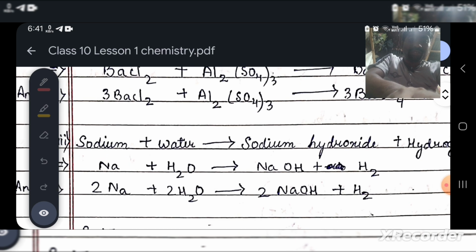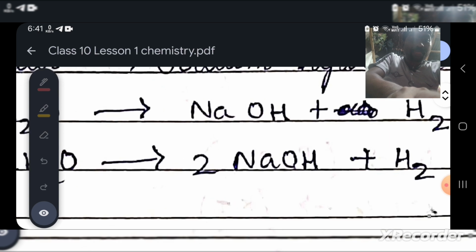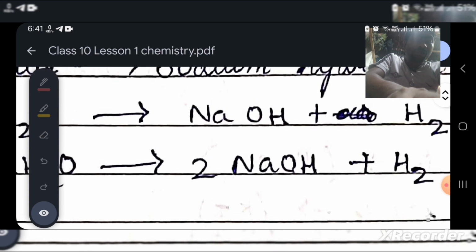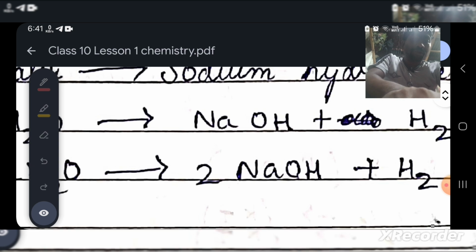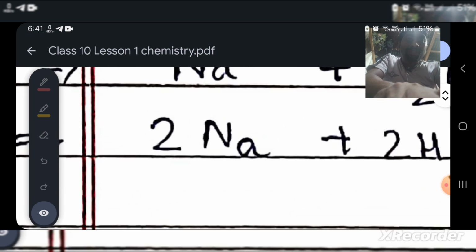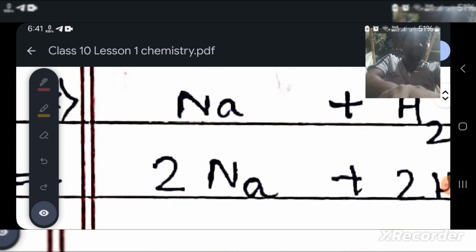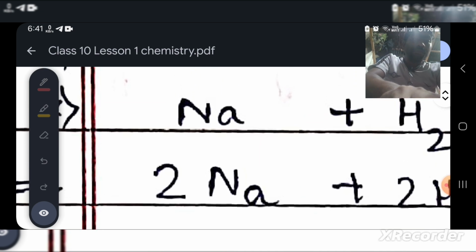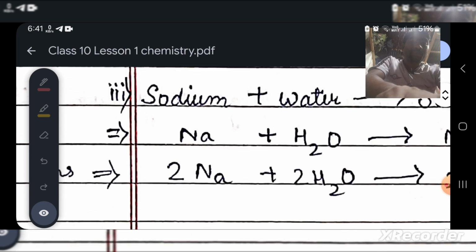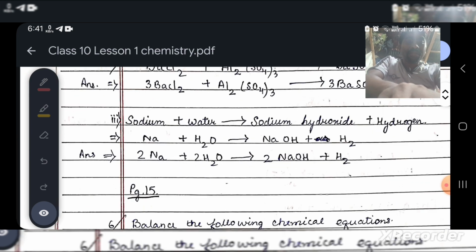Now after putting this 2 before Na, the Na has also become 2 number of Na. So we have put here it also 2, so that this side also the sodium will balance with the product side. So this has become a balanced equation.